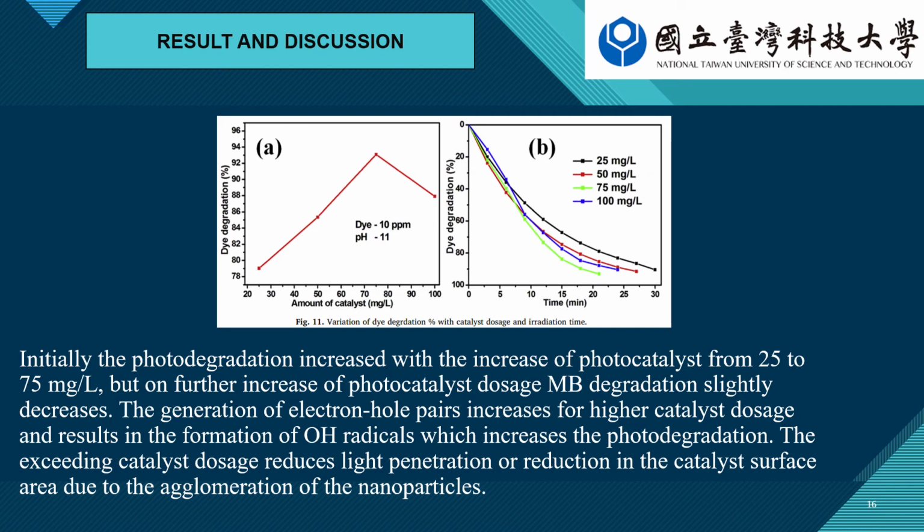The generation of electron-hole pairs increased with higher catalyst dosage and results in the formation of OH radicals, which increases the photodegradation. Exceeding the catalyst dosage reduced light penetration and the catalyst surface area due to agglomeration of the nanoparticles.